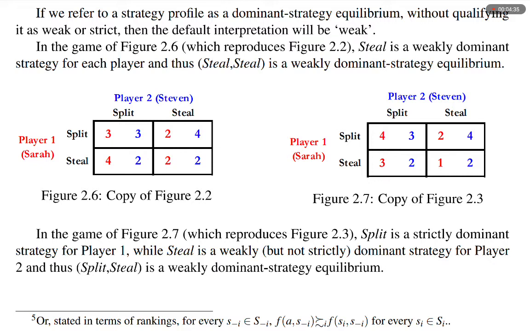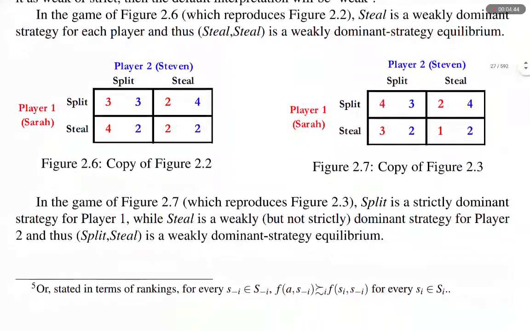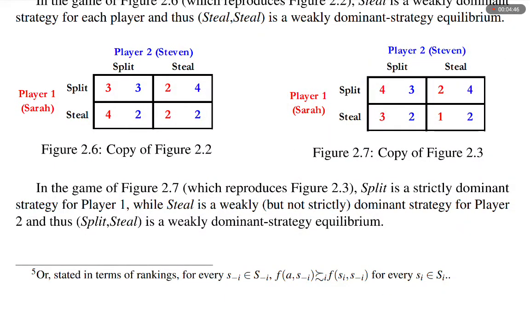And we have figure 2.7, which is a copy of figure 2.3. Again, Sarah is on the rows, Stephen on the columns, but the outcomes are different.